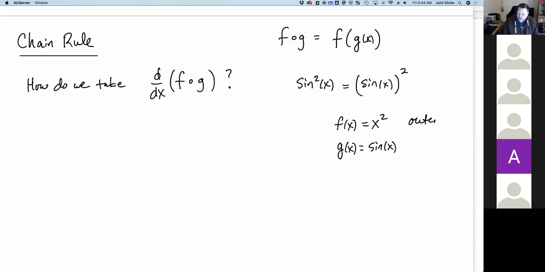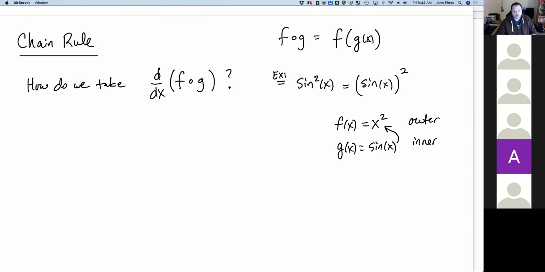So this is your outer function, and you've plugged g of x where x belongs. This is your inner function. So understanding what the outer and inner functions are for a composition is really, really important to being able to do this method consistently.